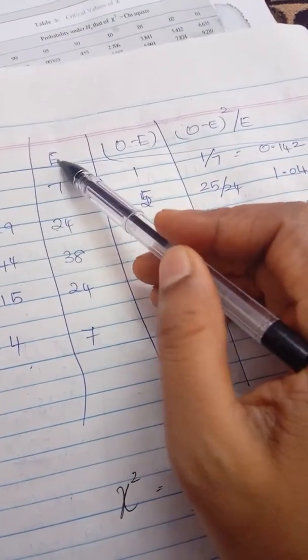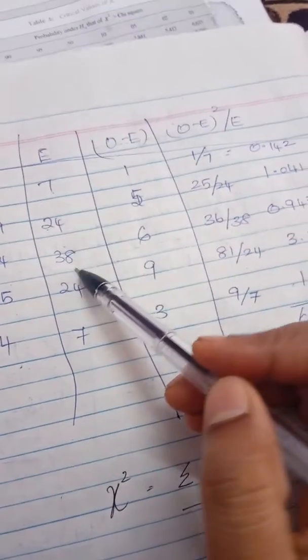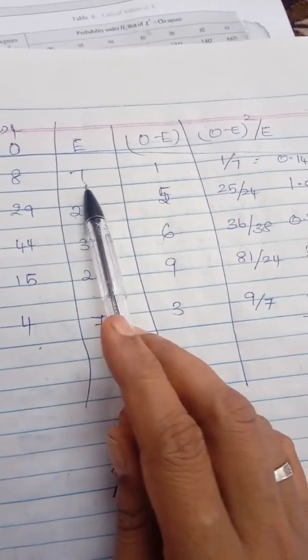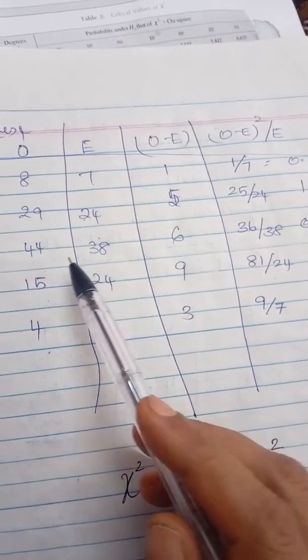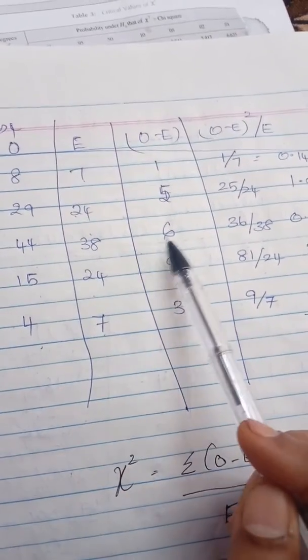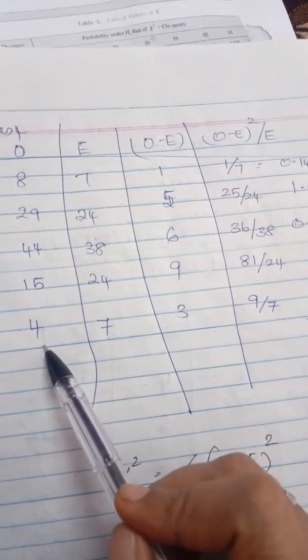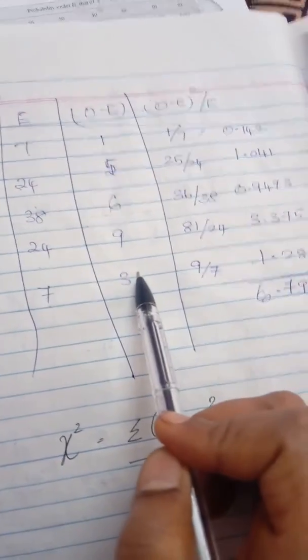Then E, given as 7, 24, 38, 24, 7. This is given in the question that I have written, O, E. Then O minus E, that is 8 minus 7 equal to 1, 29 minus 24 equal to 5, 44 minus 38 equal to 6, 15 minus 24 equal to 9, 4 minus 7 equal to 3.